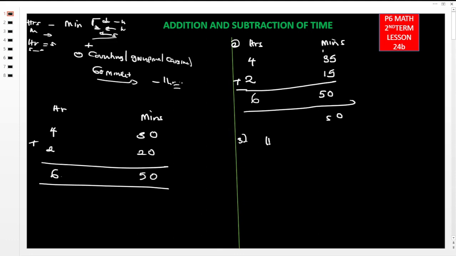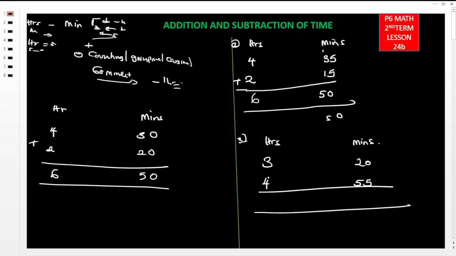Alright, number 3, we are given hours and minutes here. So we have 3 hours and 20 minutes, then here we have 4 hours and 55 minutes. Now let us add this example. So we have 20 plus 55, what do we get? We get 75. Now this one we can't write here, 75. Why?